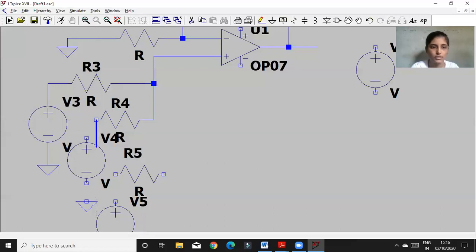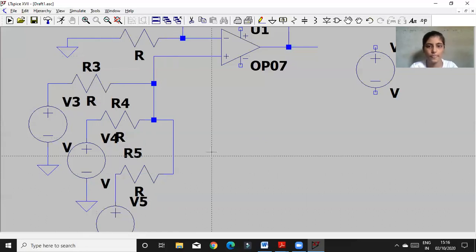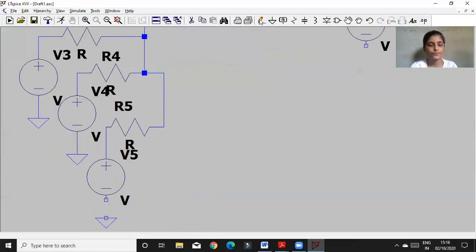And connect the second resistor with the voltage source, and the third resistor with the voltage source, and I'm connecting with the ground.